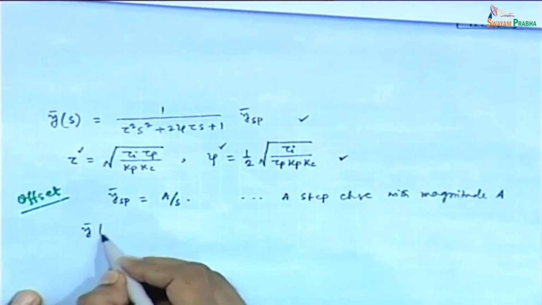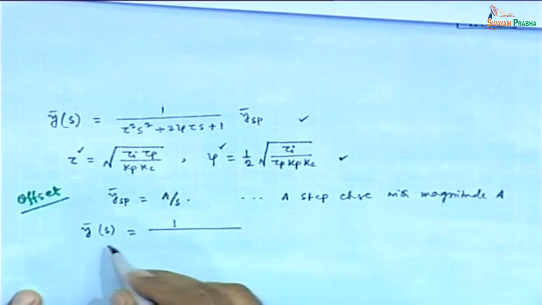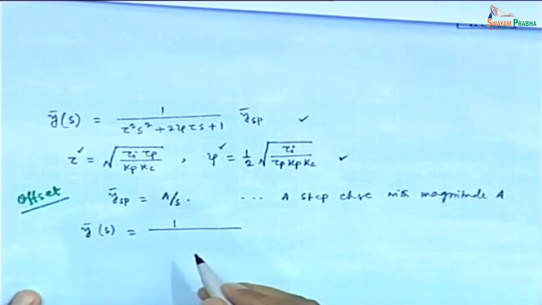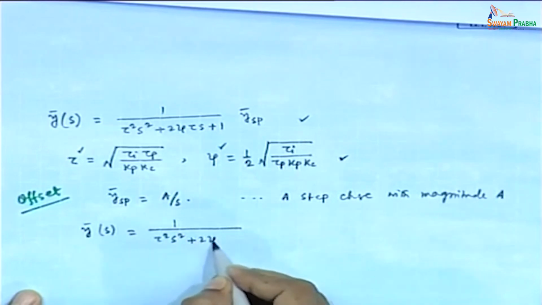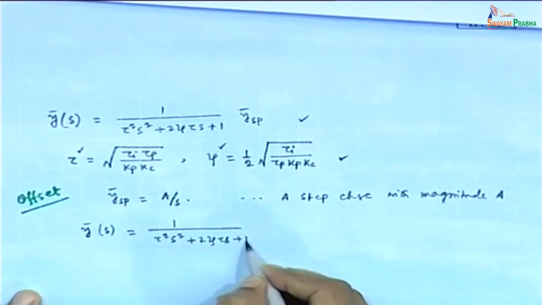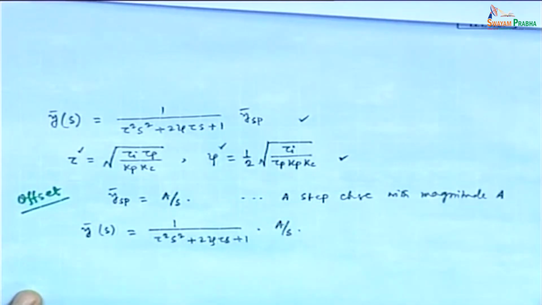Then the closed loop transfer function becomes y bar s equals 1 divided by tau square s square plus 2 zeta tau s plus 1 multiplied by A by s.